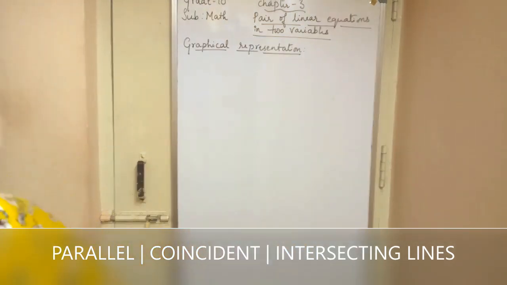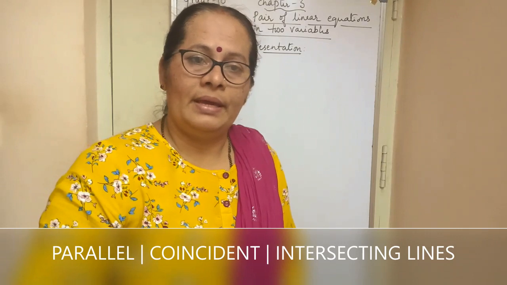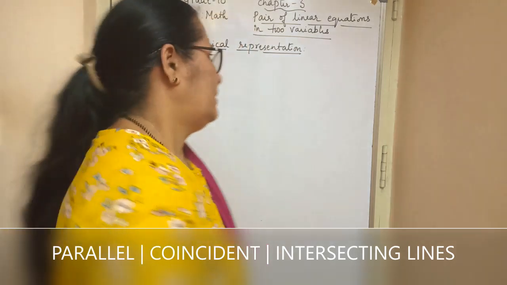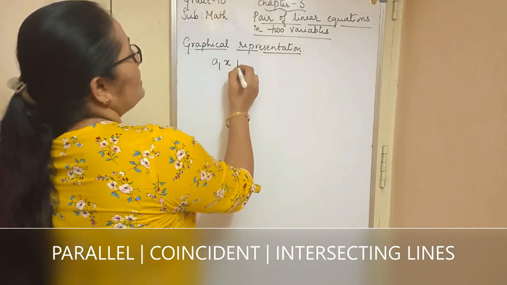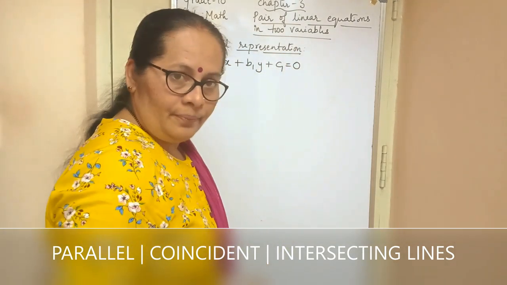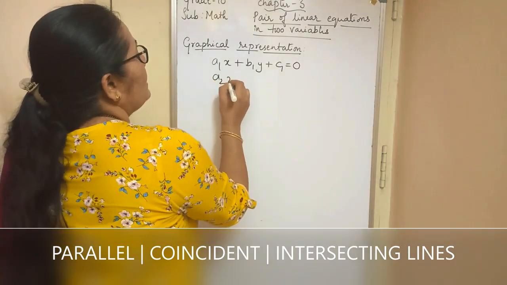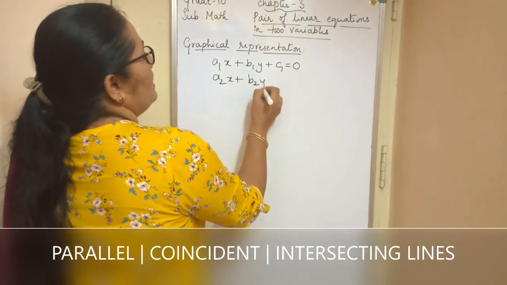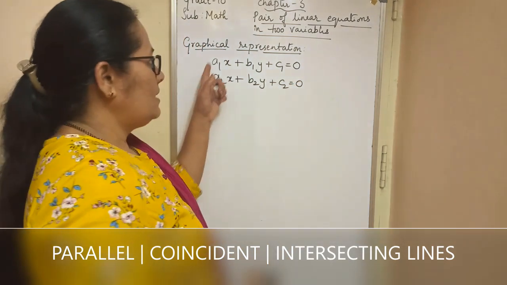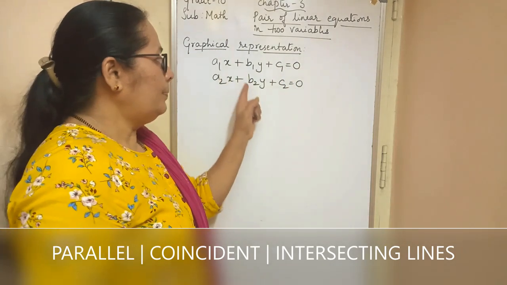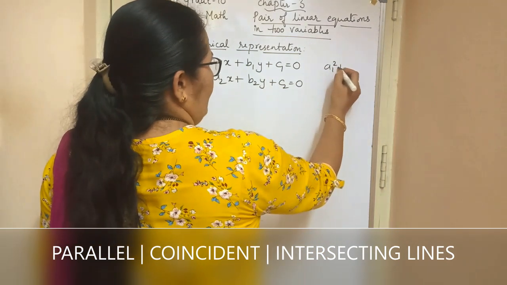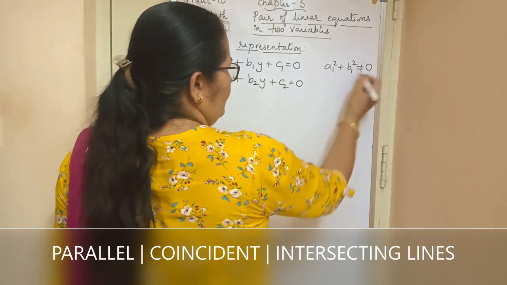In the previous section, you also learned the general form of a pair of linear equations. What is the general form? That is a1x plus b1y plus c1 equals 0 and a2x plus b2y plus c2 equals 0, where a1, b1, c1, a2, b2, c2 are real numbers, and a1 square plus b1 square is not equal to 0.